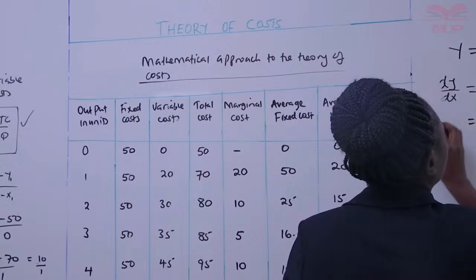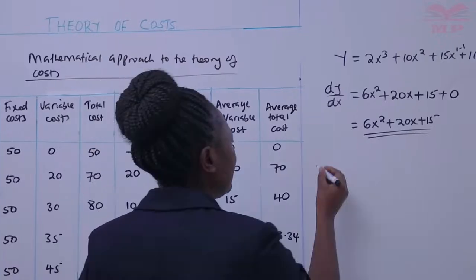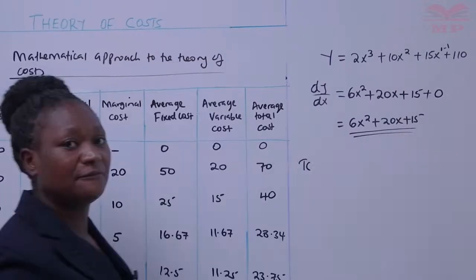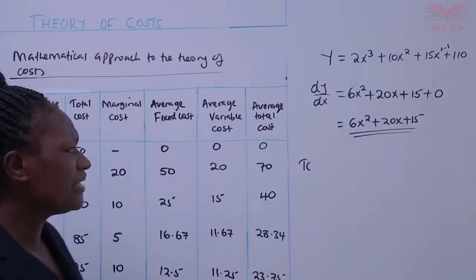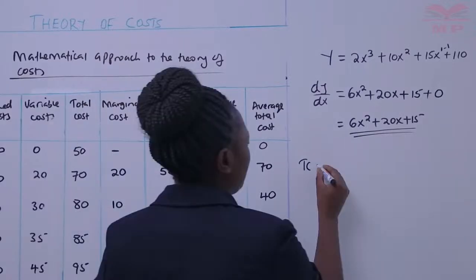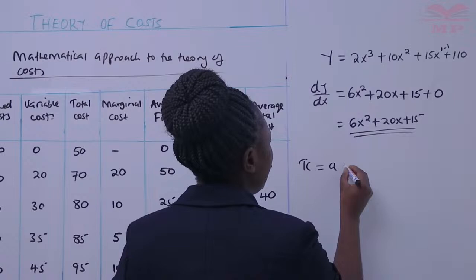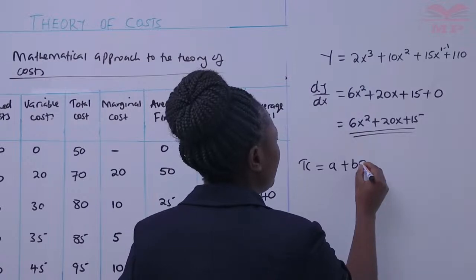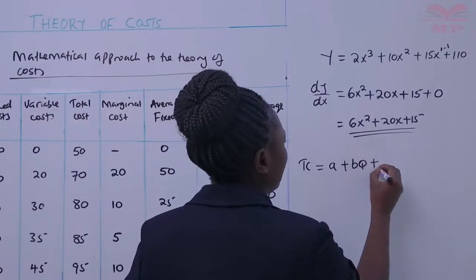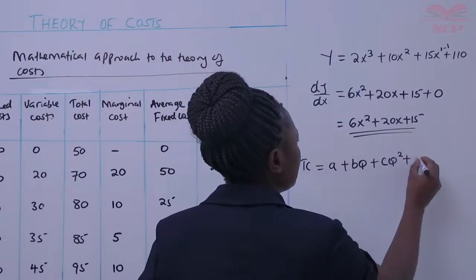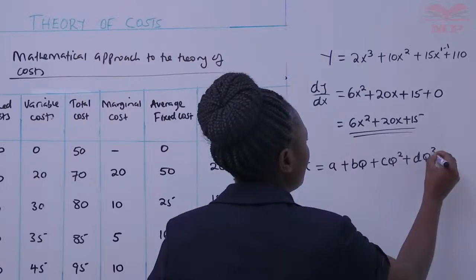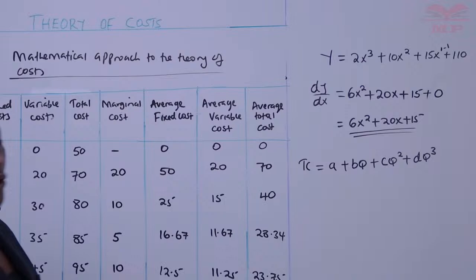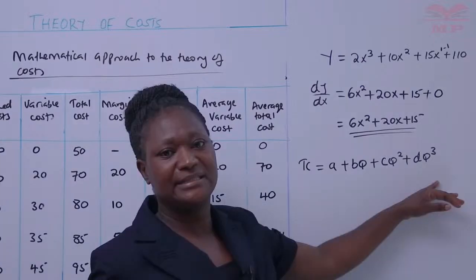We're assuming that we've been given a total cost function, which is a cubic function of the form A plus BQ plus CQ squared plus DQ cubed.